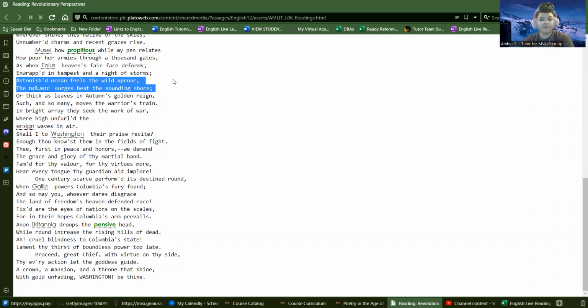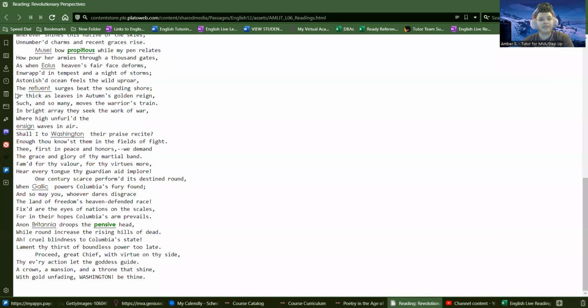So at this point, we have wind pushing the ocean even to come up on the shore. So this is adding more description to how strong the night of storms and tempests are. And remember that she's comparing the armies to the force of this storm. So that's why it's being described in so much detail.